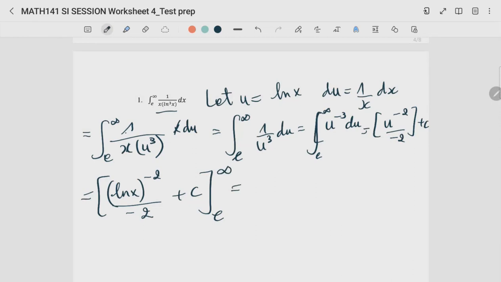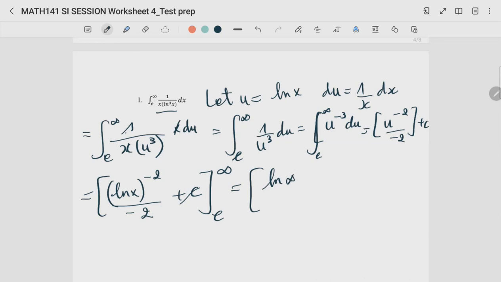And when it comes to those boundaries, you know that the constant will just fall away, right? So we don't have to worry about that. Now let's look at the upper limits. If you substitute the upper limit, which is infinity, you have first ln of infinity.